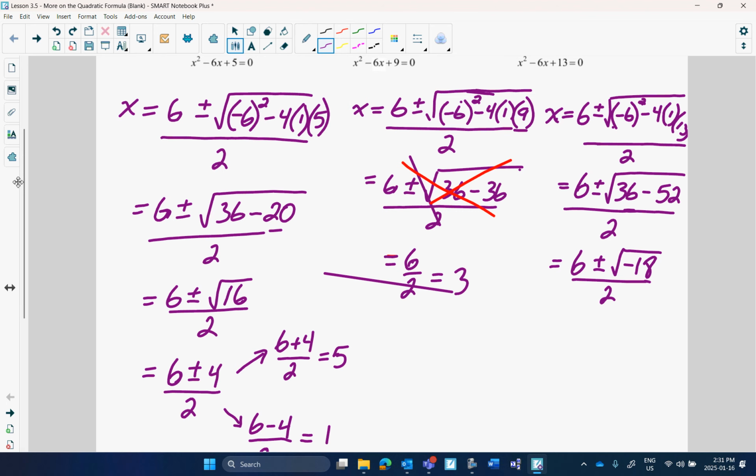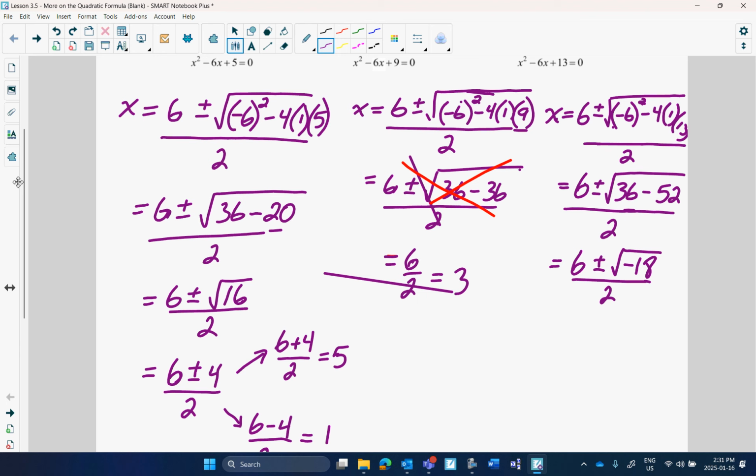Notice anything in the steps that I did that can tell me how many solutions there will be? What happened when there was only one solution? What happened that looked sort of different? We got 0 under the square root.